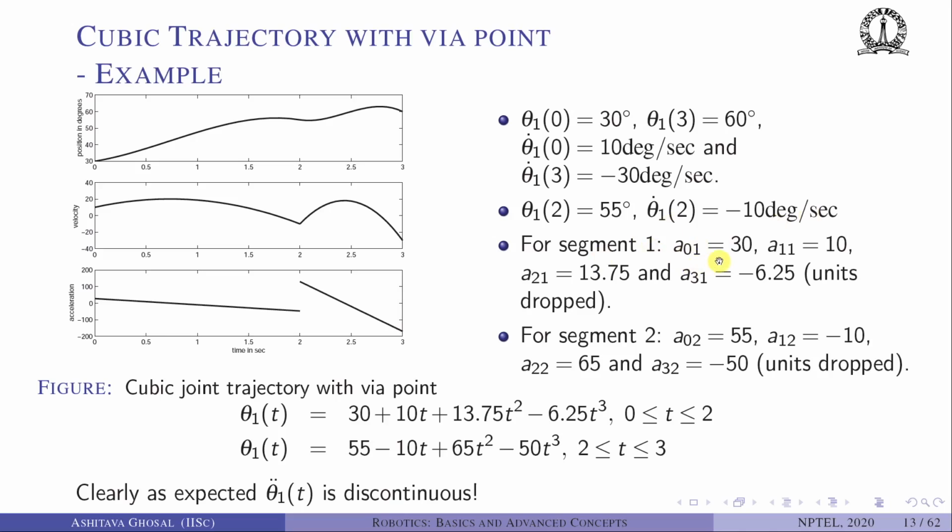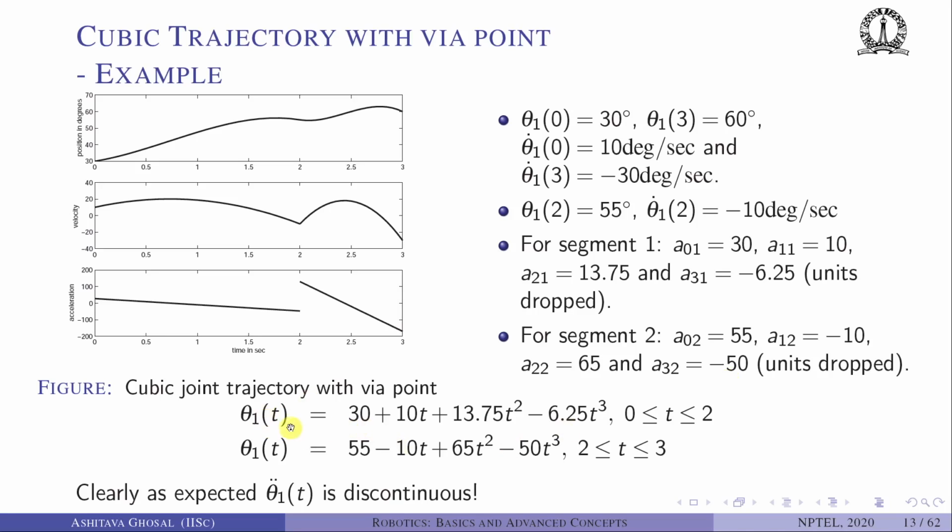For segment 1, A01 is 30, A11 is 10, A21 is 13.75 and A31 is minus 6.25. For segment 2, A02 is 55, A12 is minus 10, A22 is 65 and A32 is minus 50. We just solve those 2 cubics with these boundary conditions at t equals 0 and t equals 2, and then t equals 2 and t equals 3.